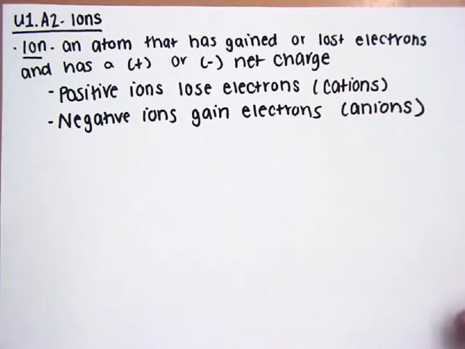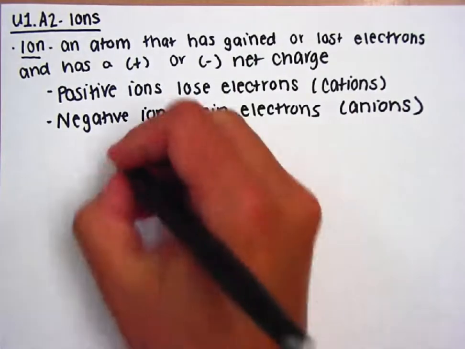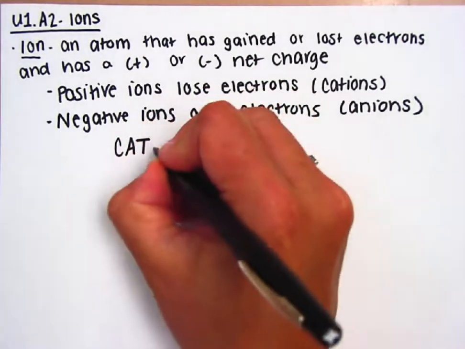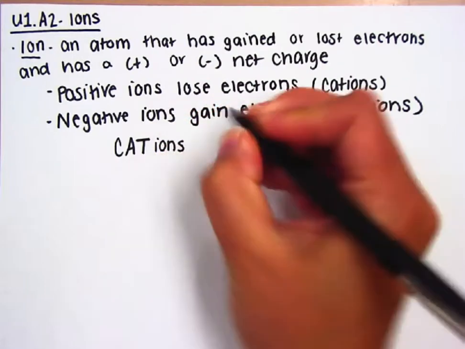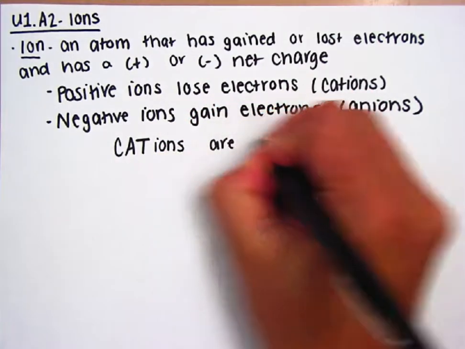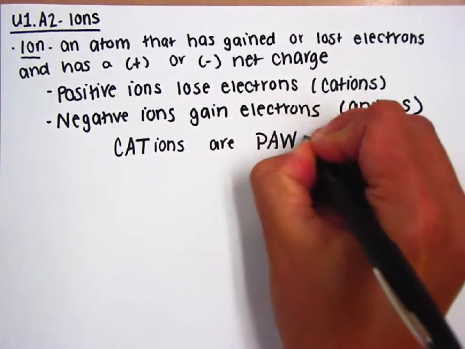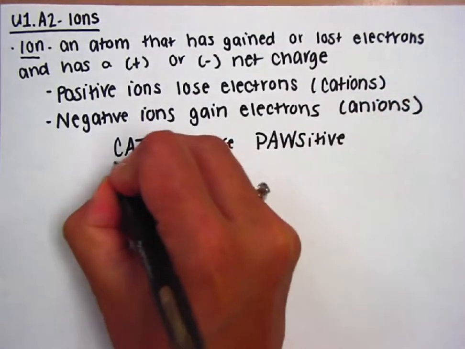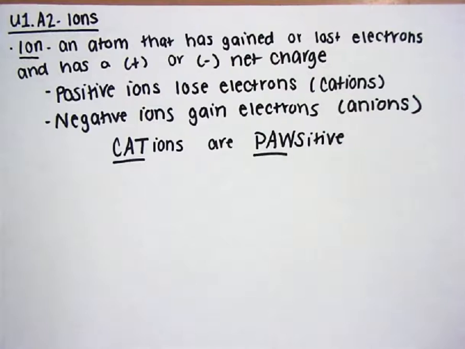We call negative ions anions. An easy way for you to remember which one is which: cations are positive because cats have paws. So those cations are positive.